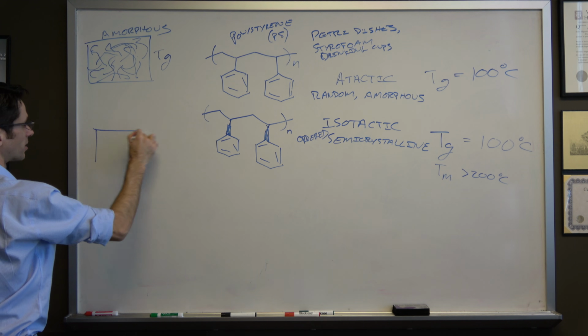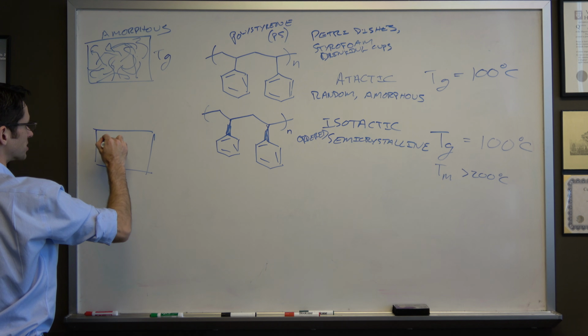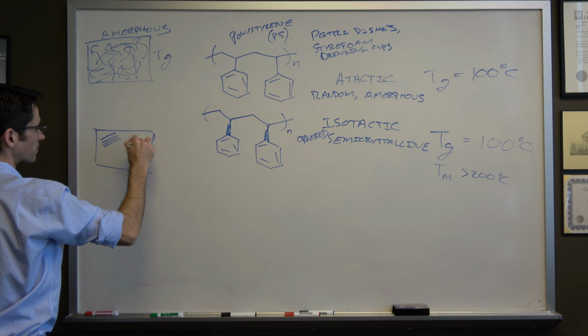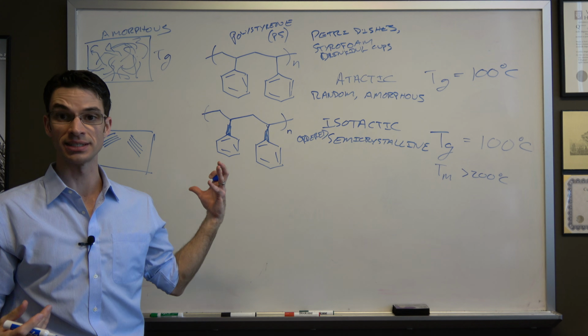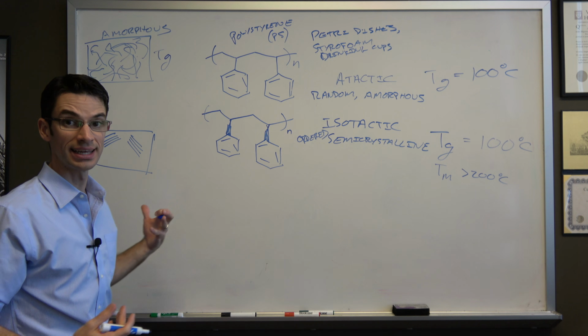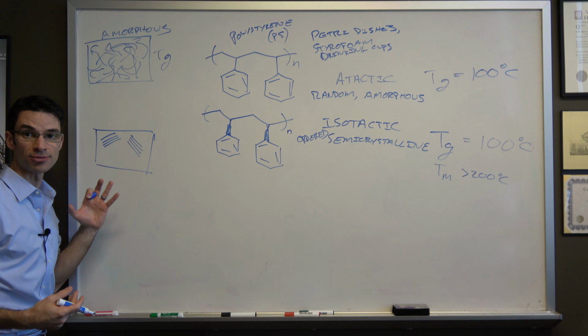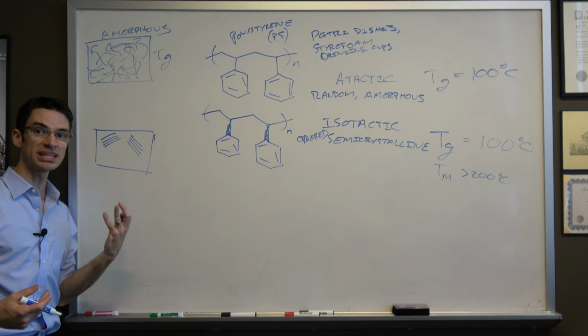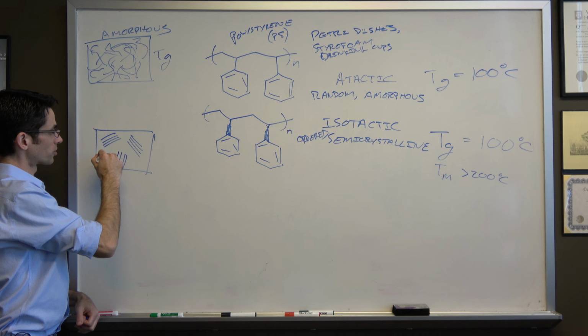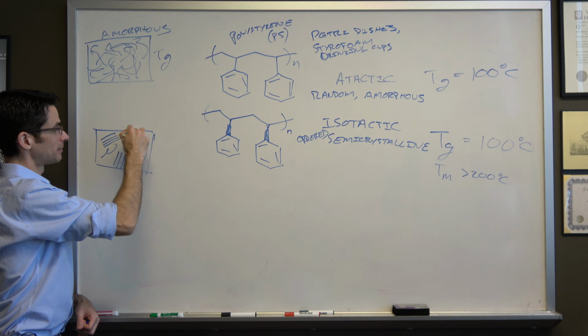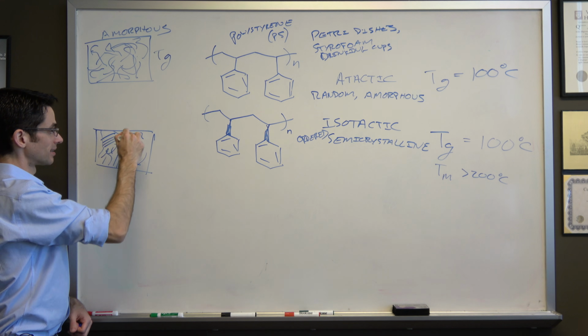Semicrystalline materials are characterized, so later on in the course, we'll show you the exact microstructures of what these materials are like in the solid state. But suffice it to say for now that they are a mixture of crystallites, which are these ordered regions, and amorphous domains like this.